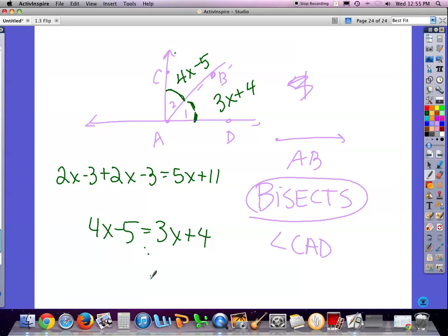Once again, I would re-practice one on your worksheet if you had to. Sometimes they do other things, like saying this is a right angle. Well, if that's the case, this plus this equals 90 degrees.